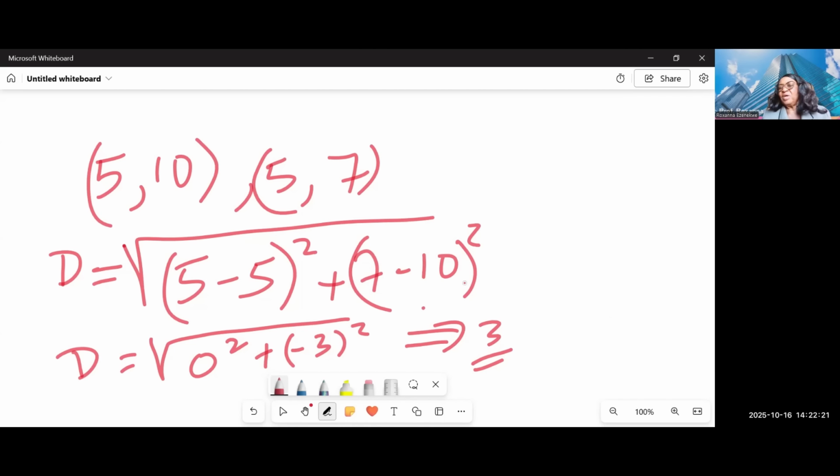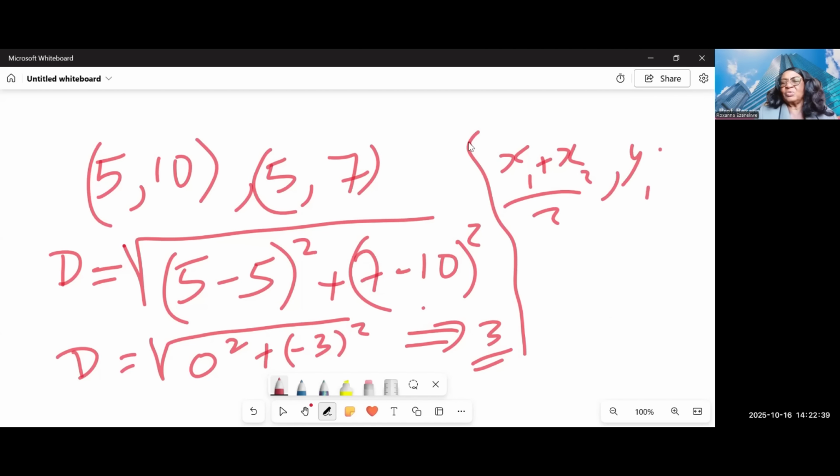Let's also find the midpoint. Suppose I'm told to find the midpoint of that. The midpoint formula says x1 plus x2 divided by 2, y1 plus y2 divided by 2.